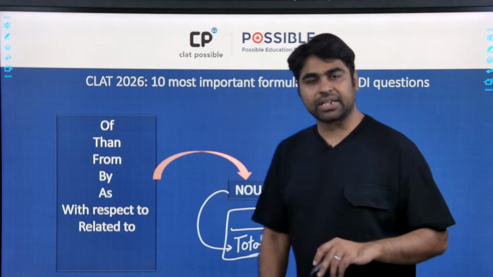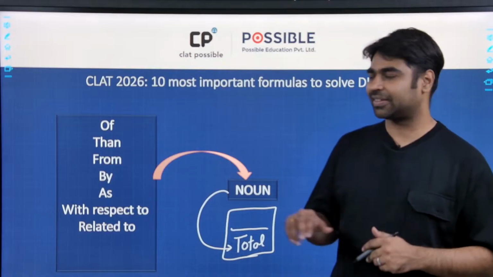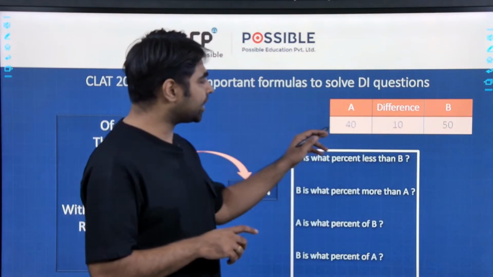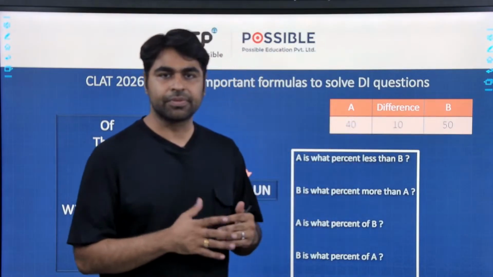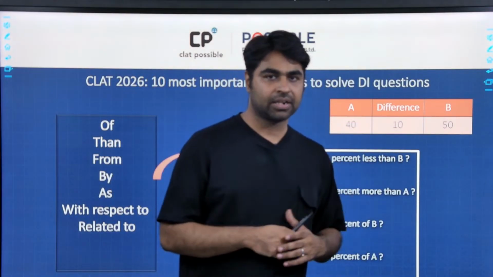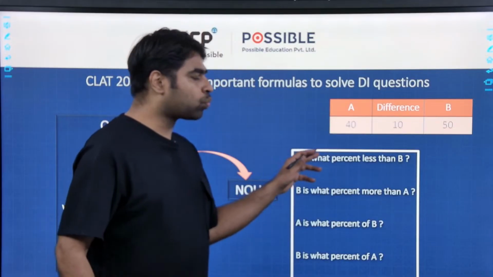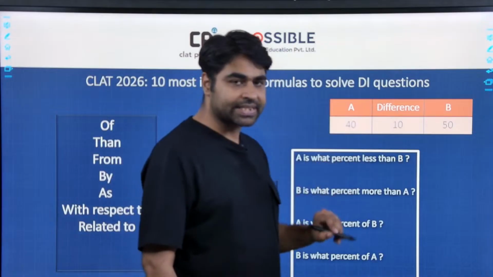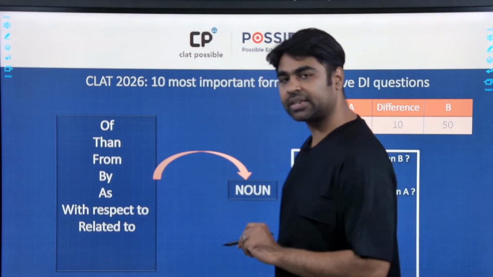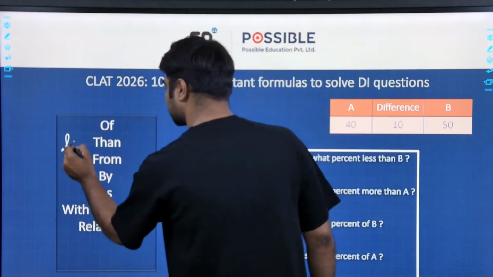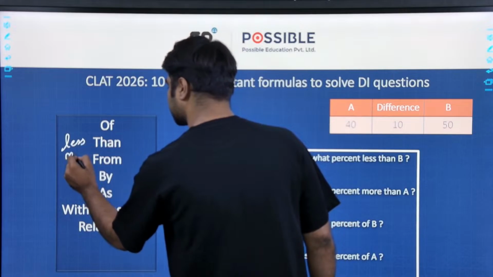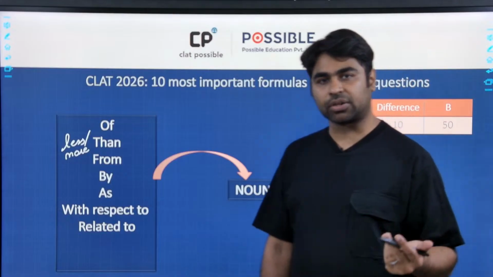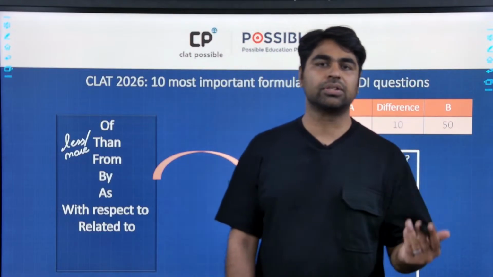Give me an example. Yes, we have got an example for you. So if I say that A is 40 and B is 50, obviously the difference between A and B is how much? 10. So if I ask you, A is what percentage less than B? The logic says that after the word than, now than can be less than also, it can be more than, greater than, larger than, or heavier than, lighter than, and so on.